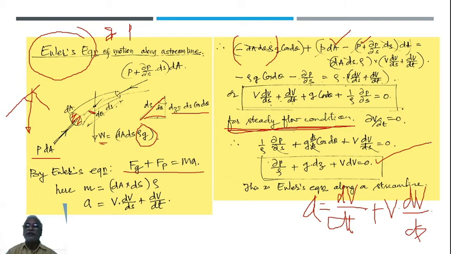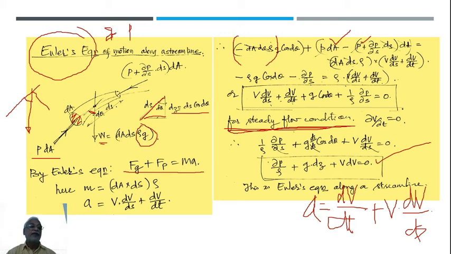So many a times in the examination they will be asking you to derive this equation. So you should be able to draw the figure. There are 2-3 things that you should remember: how to find out mass, how to find out acceleration, and then this particular substitution, ds cos θ equal to dz. And we'll be always talking about along the direction of the streamline, the forces are added or subtracted depending upon the directions.